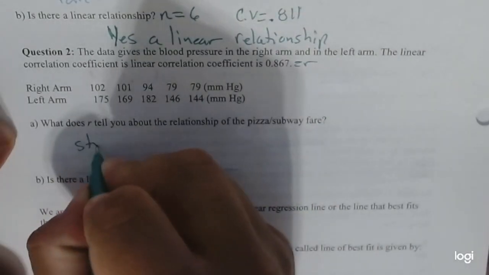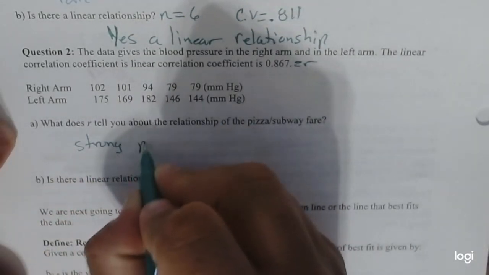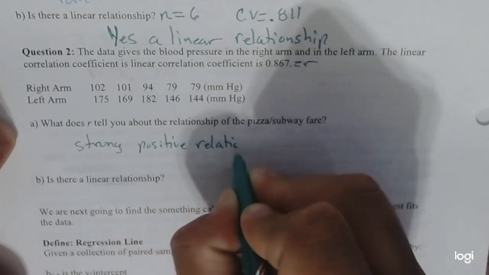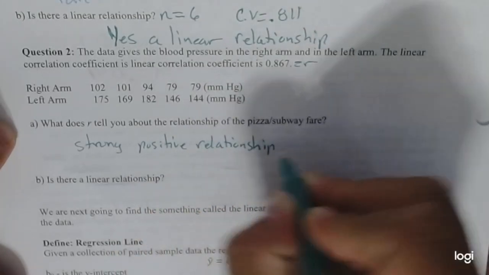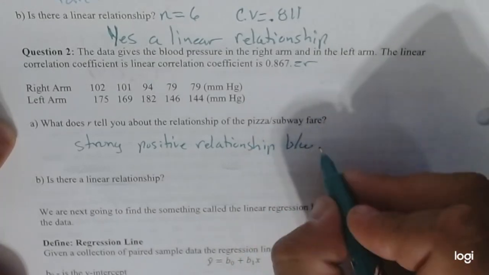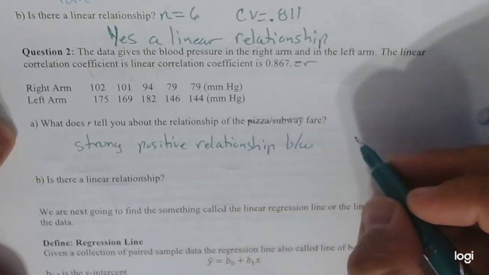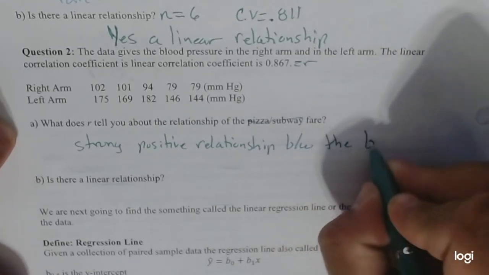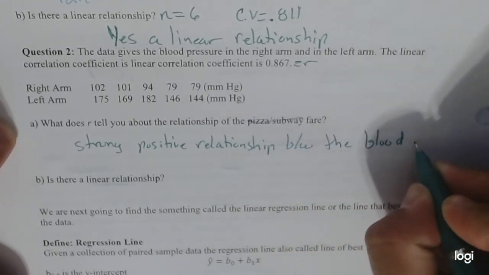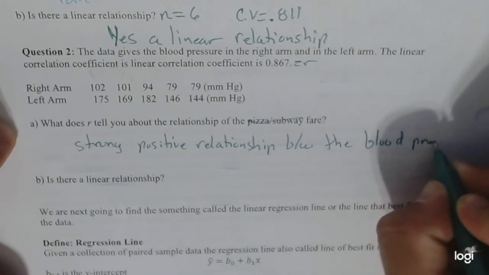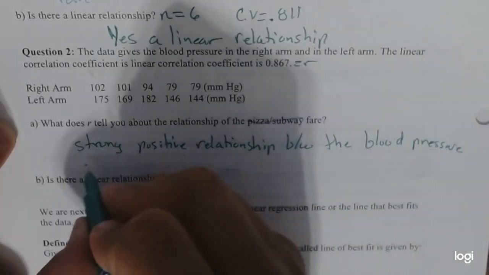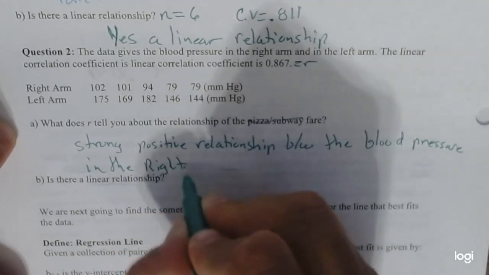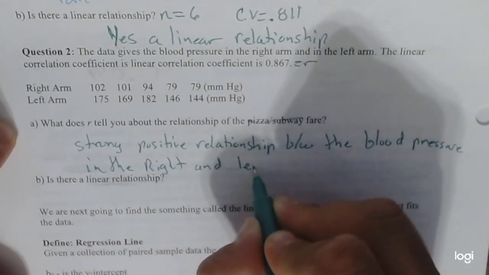So this is a strong positive relationship between the blood pressure in the right and left arm.